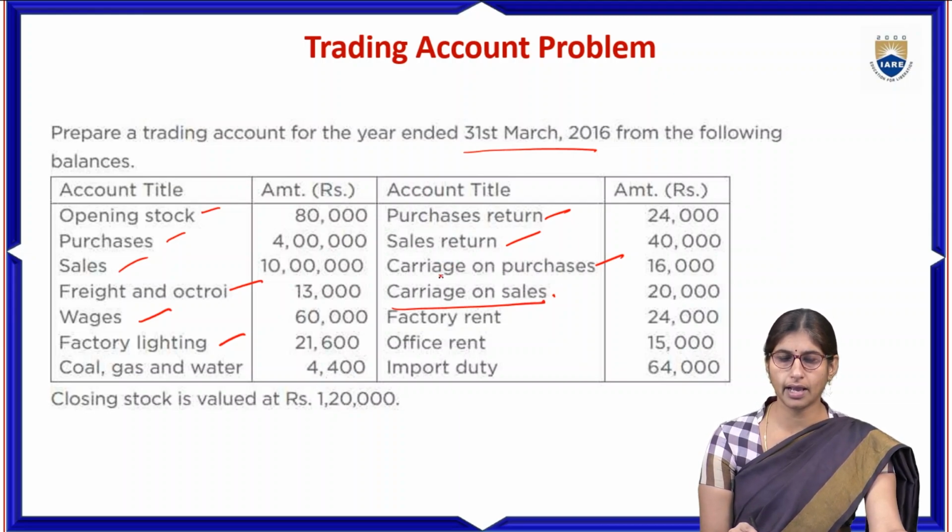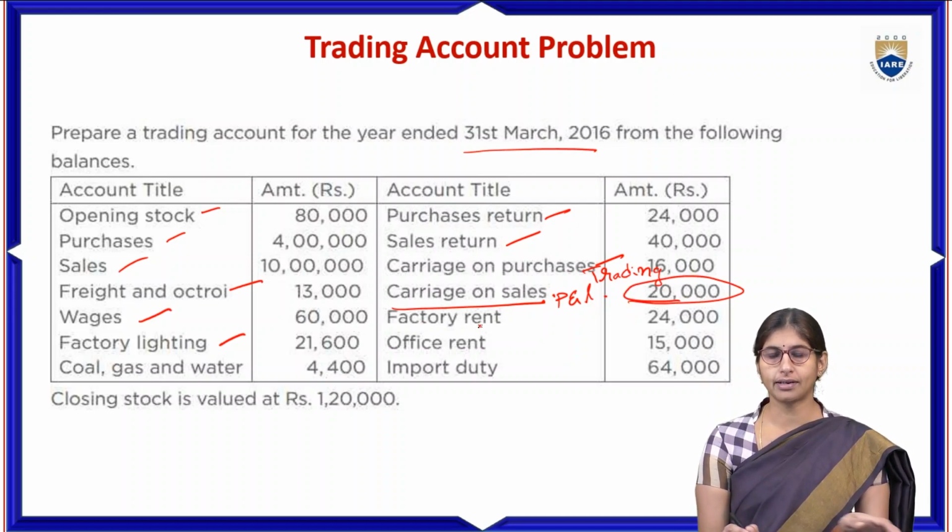We have to write carriage on purchases in the trading account, and carriage on sales we are going to write in the P&L account, because after we send the goods to the market, the general and administrative, promotional, advertisement expenses shall be covered under the profit and loss account. So carriage on sales does not come under the trading account, and that is the reason we are not going to record it.